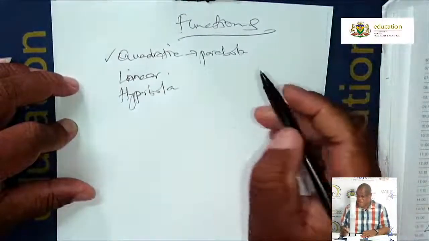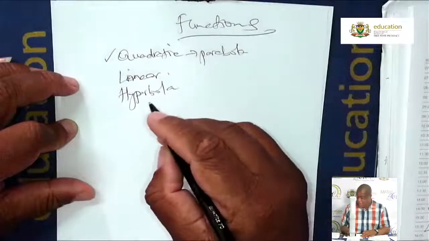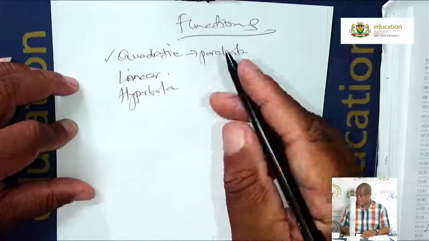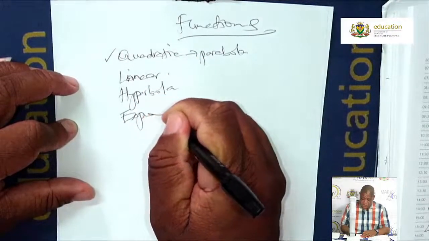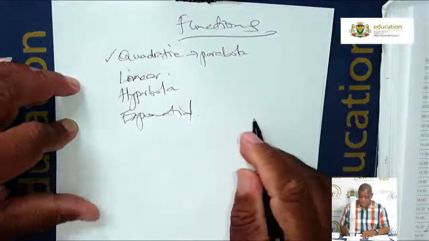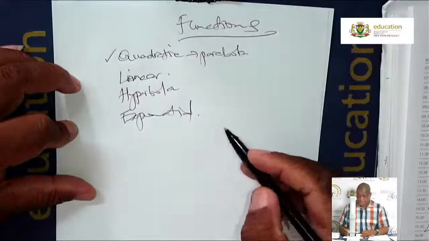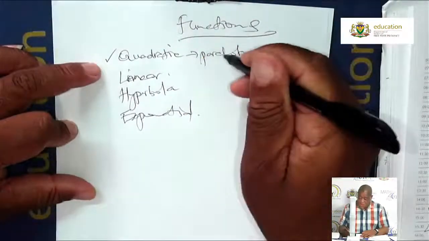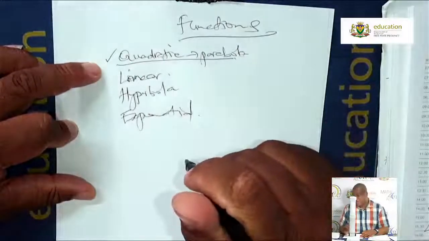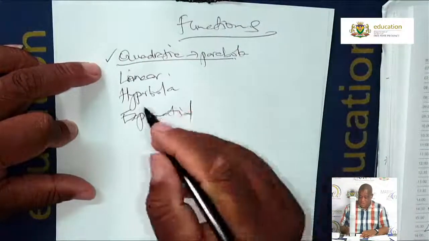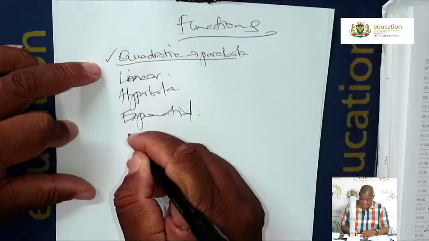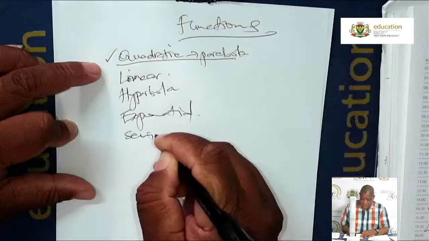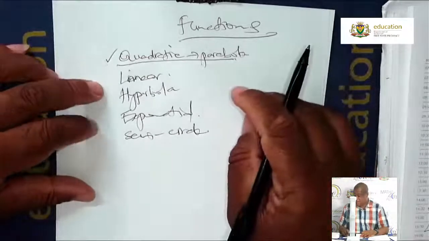Let us also know that under this, from the hyperbola, we are also having the exponential function. And let us know each graph, how we deal with each graph. Let us not forget even the semicircle is part of this.